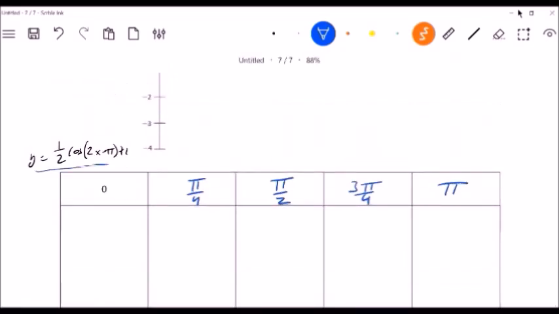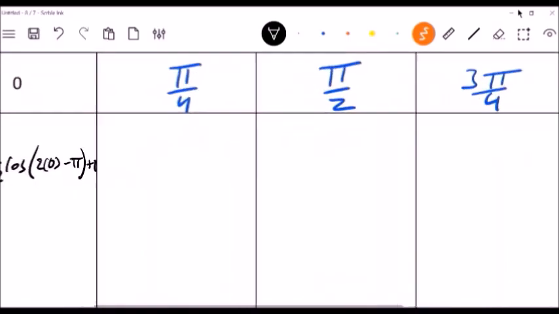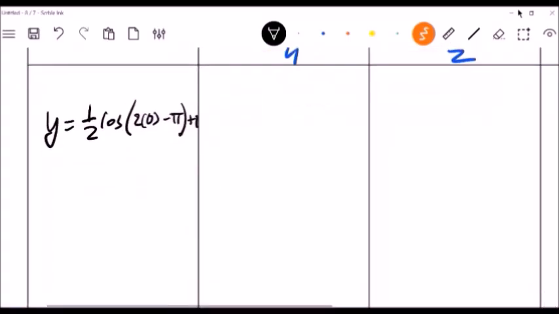And now we will start putting these things in. I'll do that with black here. So y equals 1/2 the cosine of 2 times 0, minus pi, plus 1. If I extend this, that'll be easier to see. So y equals 1/2, well, that's 0 minus pi, okay.